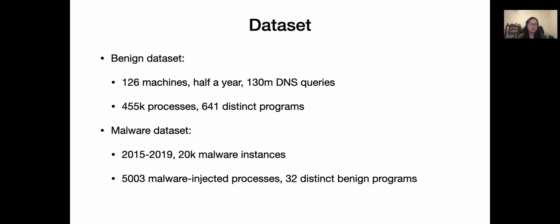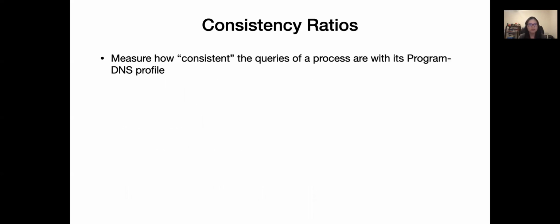And we used the benign data set to build the Program-DNS profile for each of the 641 programs. And for the malware data set, we collected about 20K malware instances between 2015 and 2019 and ran them in a sandbox where we collected the data. Among them, we identified 5,003 malware-injected processes belonging to 32 distinct benign programs.